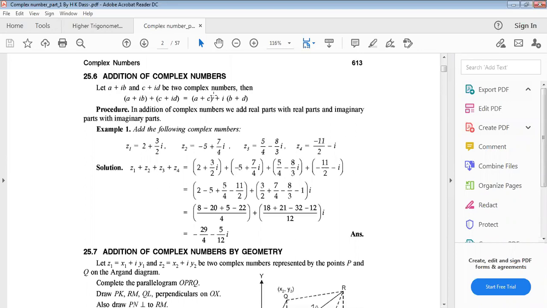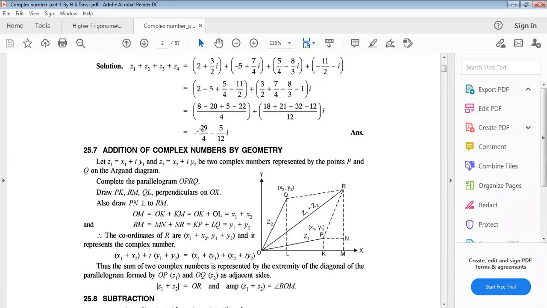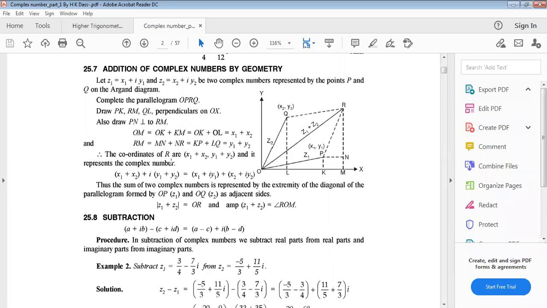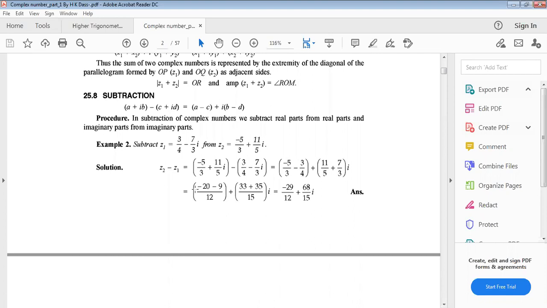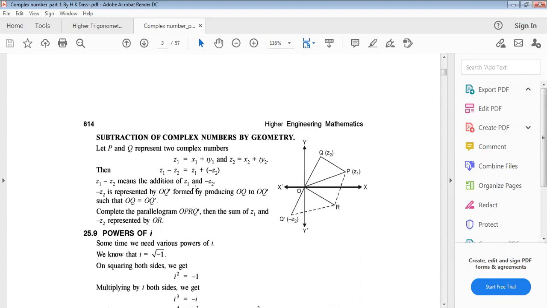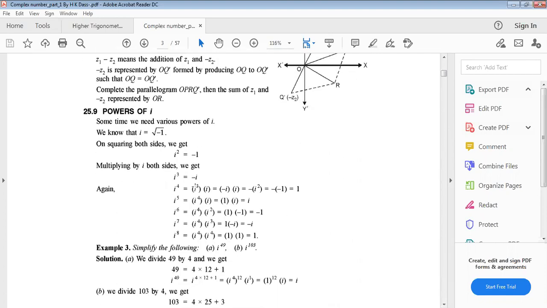Subtraction also: if we take the first complex number minus the second complex number, then we get another complex number. That means the result will also be a complex number. In division also, if we divide the first complex number by the second complex number, we get another complex number.